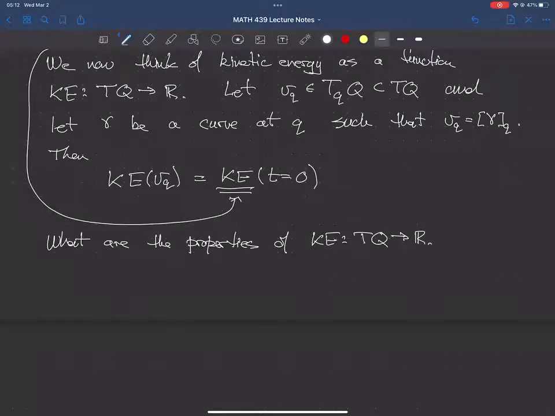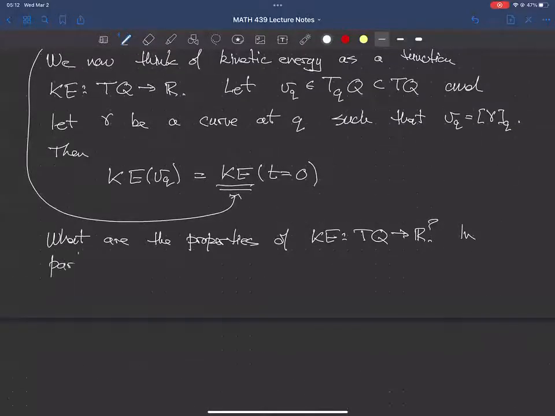It's not clear what that means right now, but we'll see what I'm getting at. In particular, what I'm really interested in most of all are the properties of kinetic energy as a function of velocity with Q fixed.